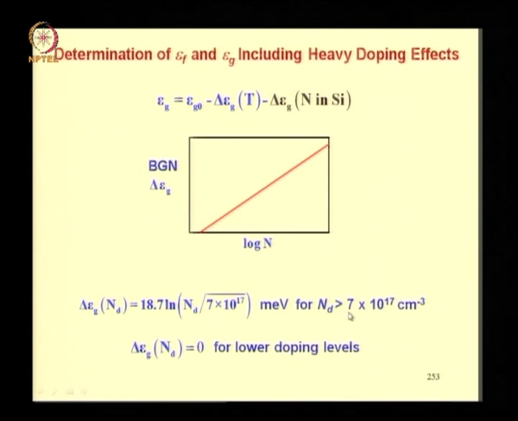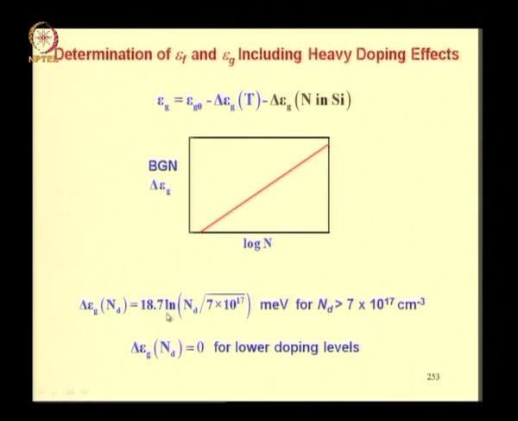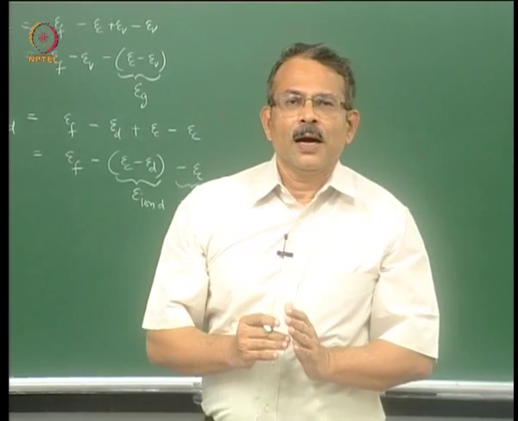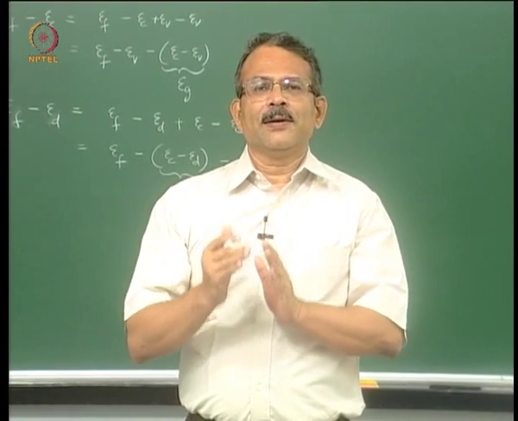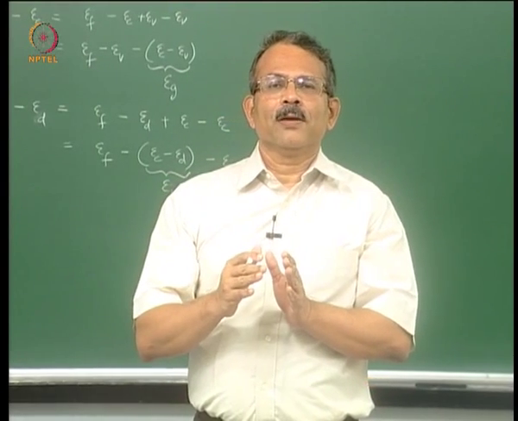Now, for Nd less than 7 times 10 power 17, this logarithmic term will become negative. It might give you a feel that the delta Eg becomes negative, which is not correct. So, for lower doping levels we assume delta Eg is 0. So, this formula is valid only for Nd greater than 7 times 10 power 17. So, this means in silicon for donor doping greater than 7 times 10 power 17, band gap will start narrowing.